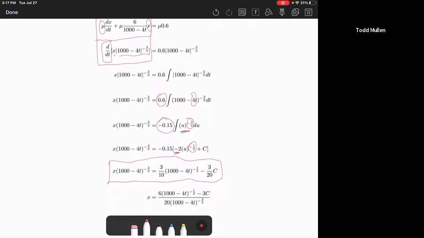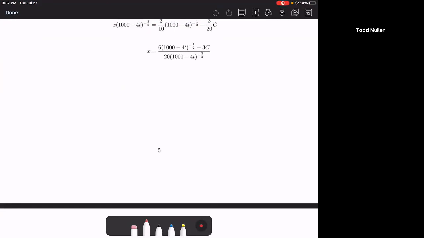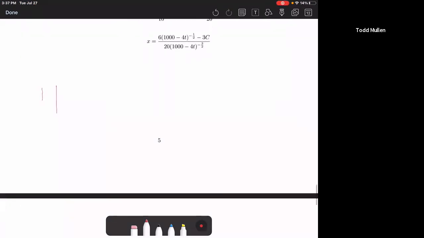Isolating x, we get that now x is equal to 6 times 1,000 minus 4t raised to the negative 1/2, minus 3 times this constant c over 20 times 1,000 minus 4t raised to the negative 3 over 2. From here, we plug in our known value that when t is equal to 0, x is equal to 0.